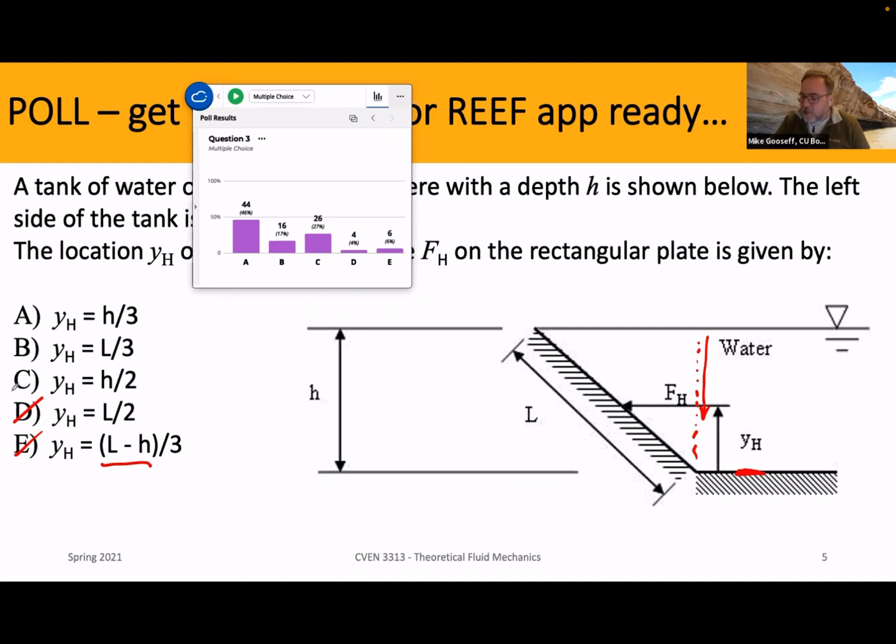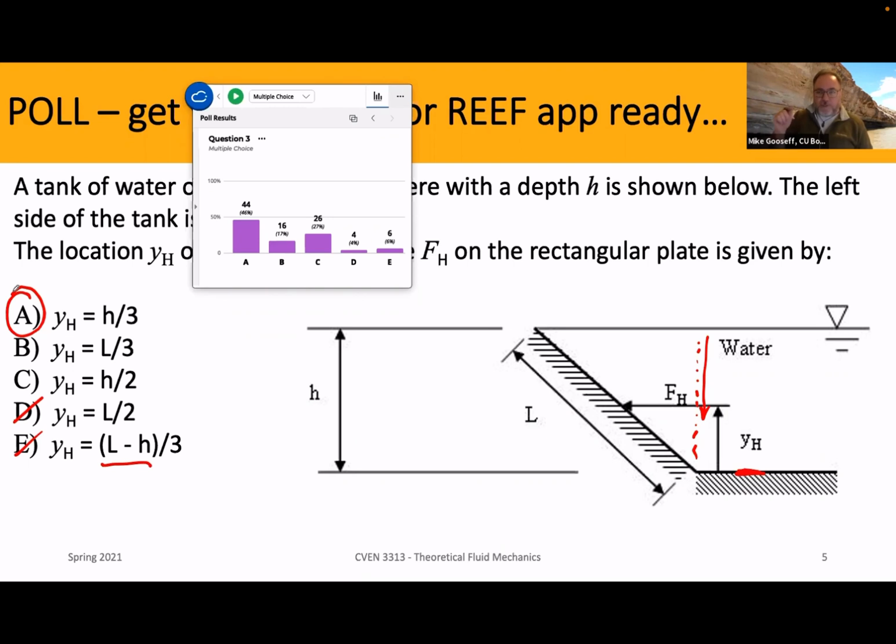In this case, we can actually identify A as the right value because you can imagine that whether the wall is vertical or tipped on its side, as long as there's H height of water there, or whatever the fluid is, in this case it's water, there's still a pressure prism to be drawn there.